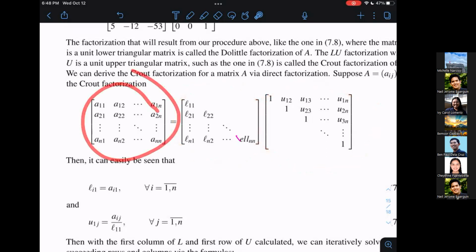Given yung matrix na fina-factorize ko, right? So, paano ko siya gagawin? Algebraically, I'll take advantage of the fact that maraming zeros dito. Alright? So, pag nag-multiply ako, pag kinary out ko yung matrix multiplication, maraming zeros dito. So, ibig sabihin ko, konting constants yung kailangan ko.